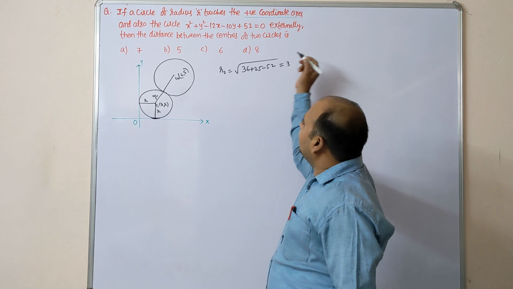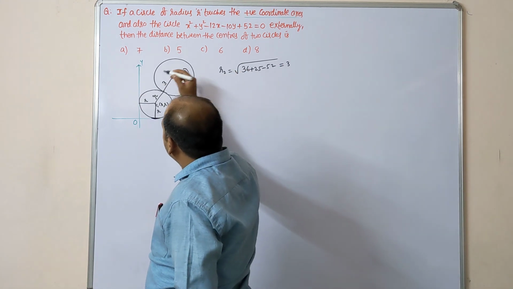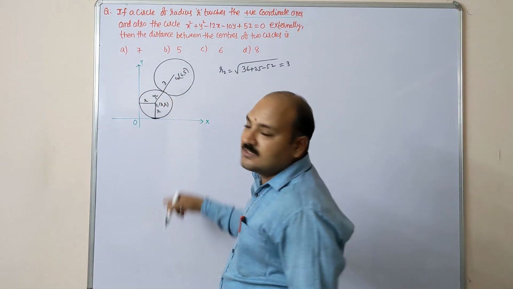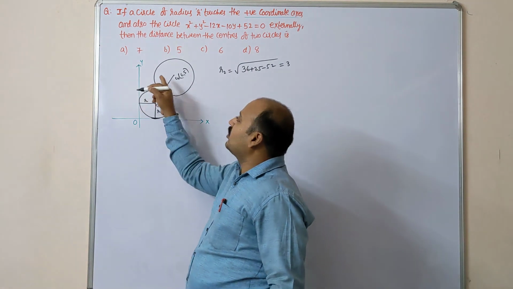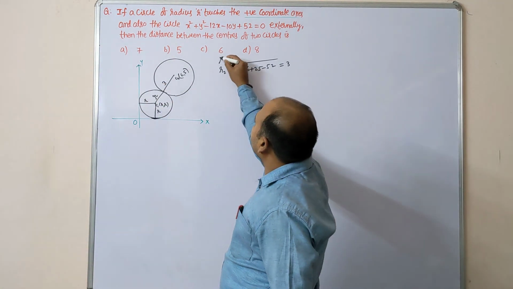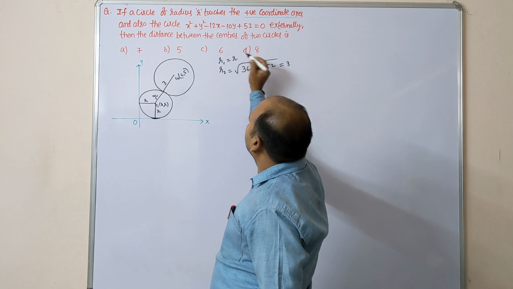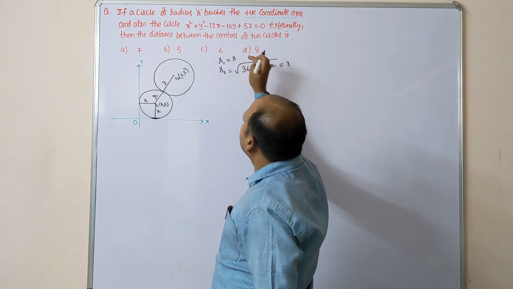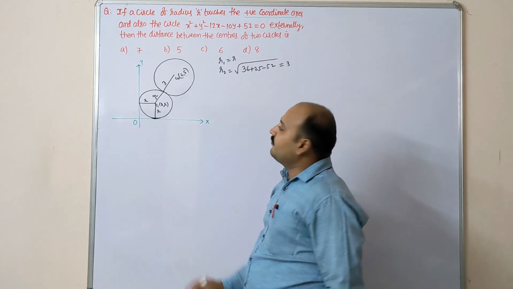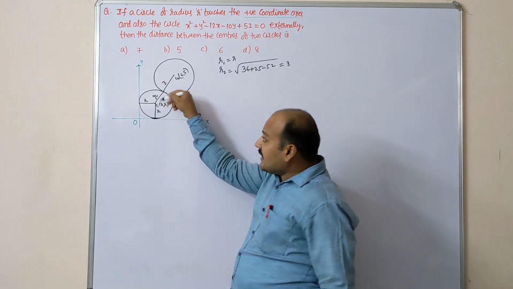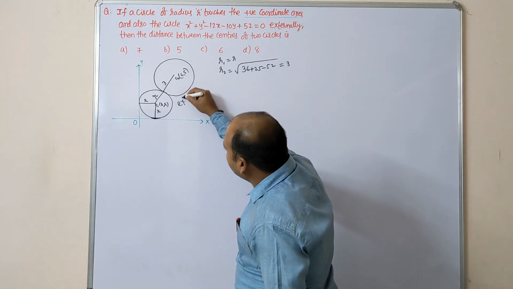So 9 means 3. This is 3 units, dear students. R1 value is r and R2 value is 3.